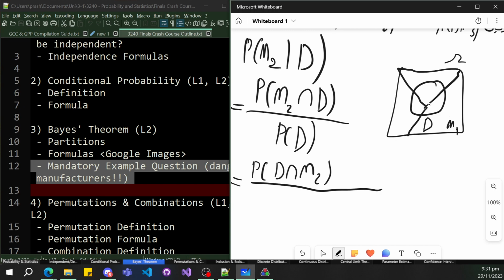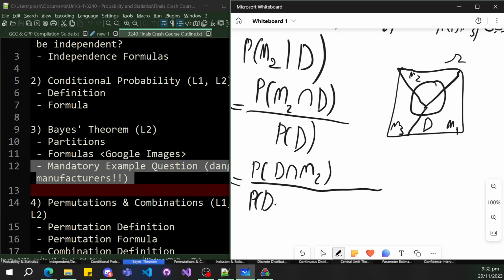We've got M1 over here, M2 over here, and M3 over here. So here we're trying to find the probability of D, which is this thing. And now let's take it part by part. We have D intersect M1, this part here. Now we have D intersect M2, and D intersect M3.